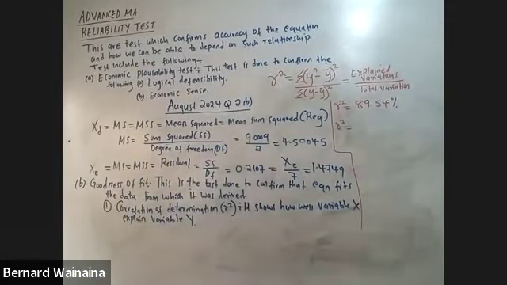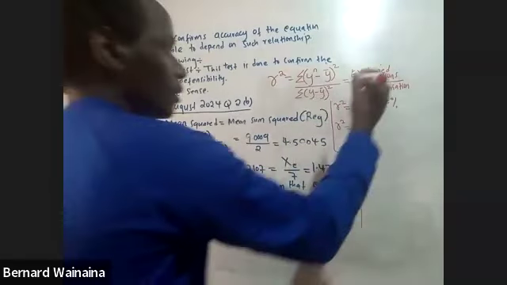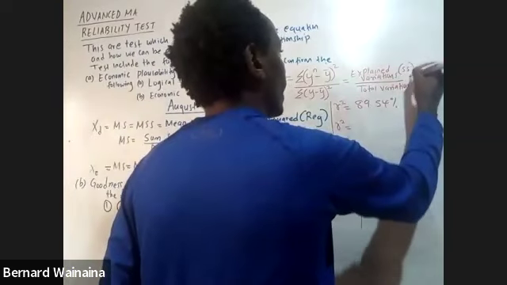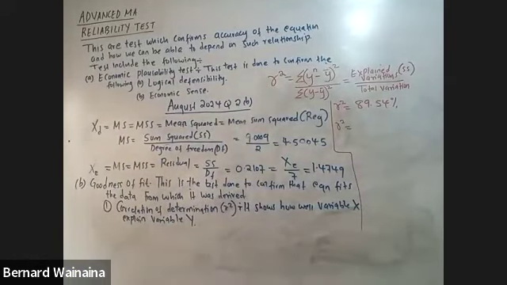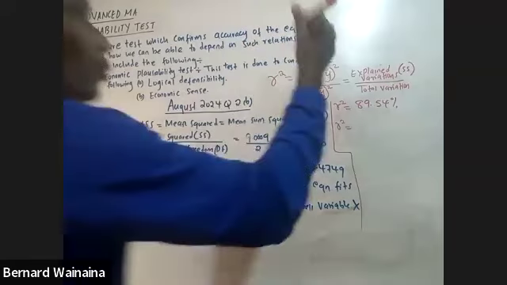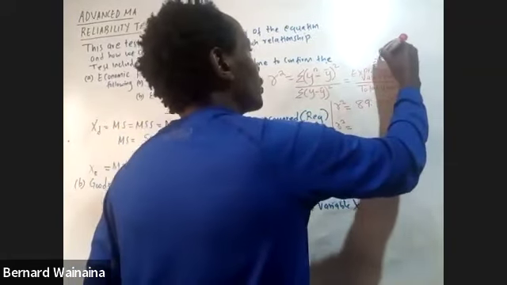Now let us go to our ANOVA table. Our variation is the SS. We have explained and unexplained. When we talk about explained, we mean regression.